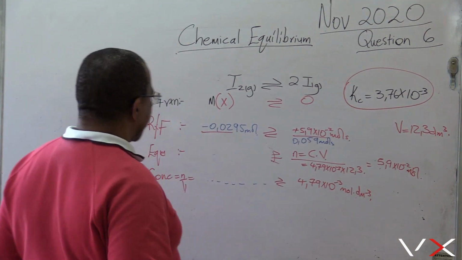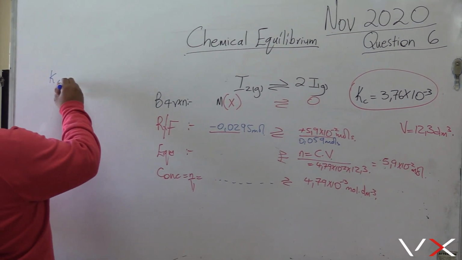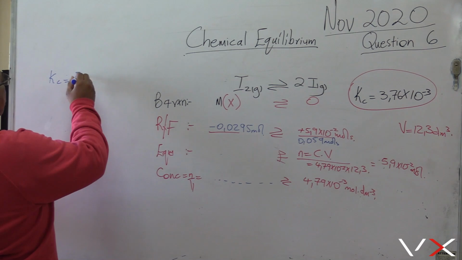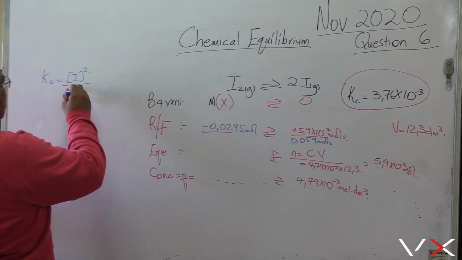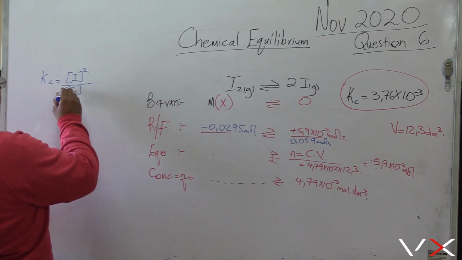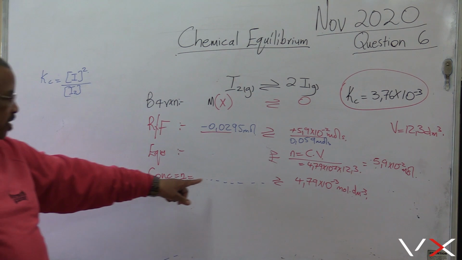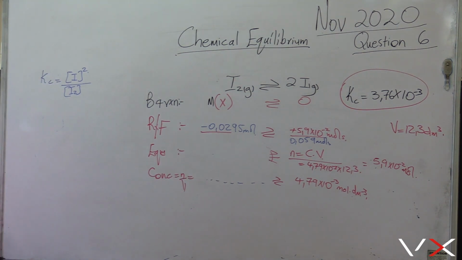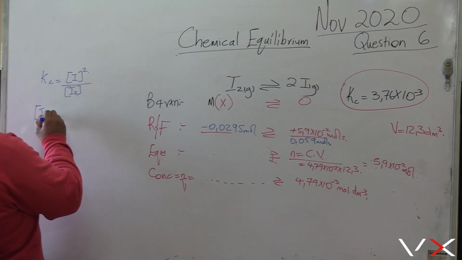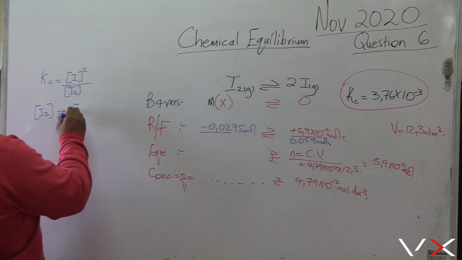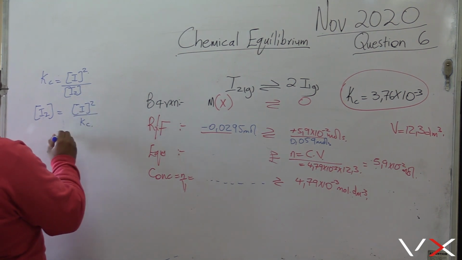Kc is equal to the concentration of I squared over the concentration of I2. So the concentration of I2 will be equal to the concentration of I squared over Kc.